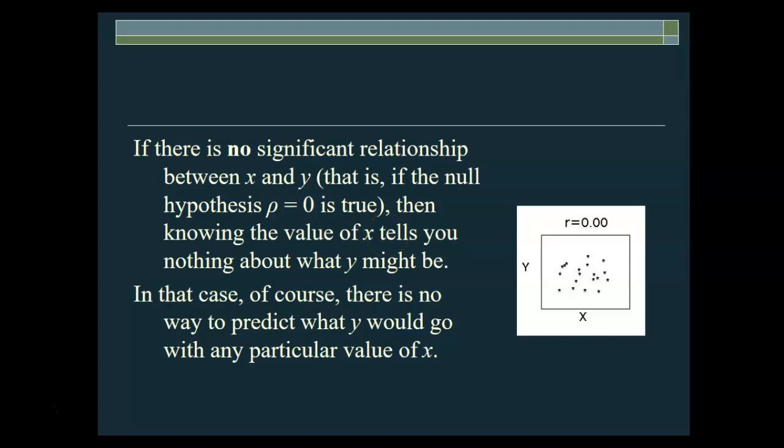So there's no way to predict what y would go with any particular value of x. So it would be useless for me to try to come up with an equation that would predict how well somebody would do in statistics class based on the number of letters in their last name, for example. If there's no correlation there, then that's all there is to say about that.